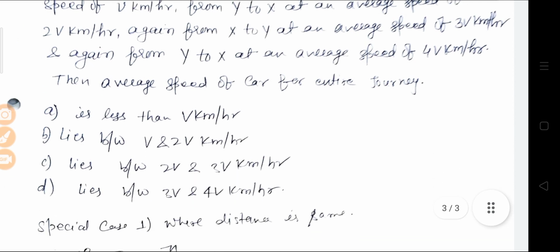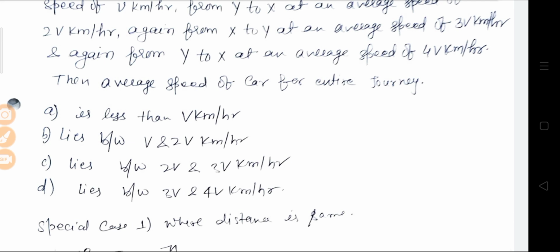So here it is asking for the average speed of the car for the entire journey. The first option says less than v kilometer per hour. B lies between v and 2v. C lies between 2v and 3v, and D lies between 3v and 4v.